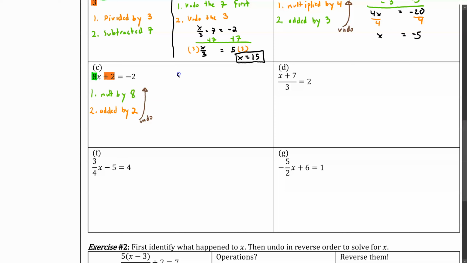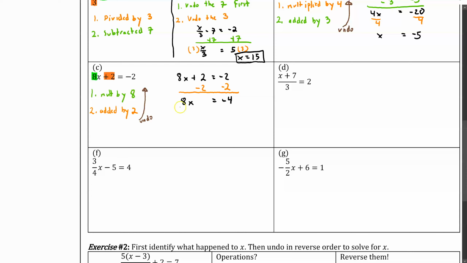So here's the original problem. 8x plus 2 equals negative 2. So first we undo addition by 2. And the way that we do that is subtracting 2 from both sides. And on the left hand side, that gives us 8x equals negative 4. And then we undo the multiplication by 8.